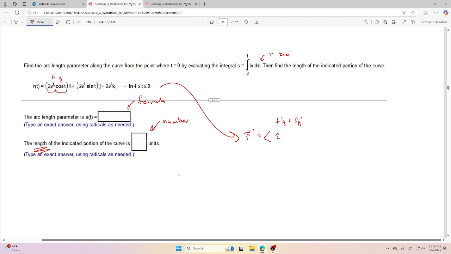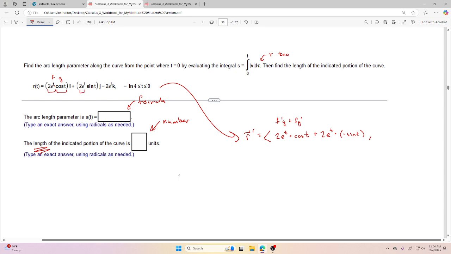So the derivative of 2e to the t is 2e to the t. But then times the cosine of t, because that hasn't changed, plus. Then I leave the 2e to the t the same. It's like that's a derivative, that's not a derivative. But then derivative of cosine makes a negative sign, exactly. I'm going to go down with this, because otherwise I'd run out of room.